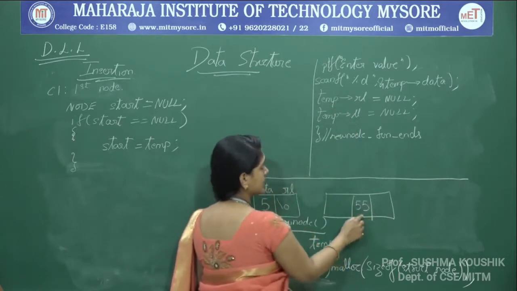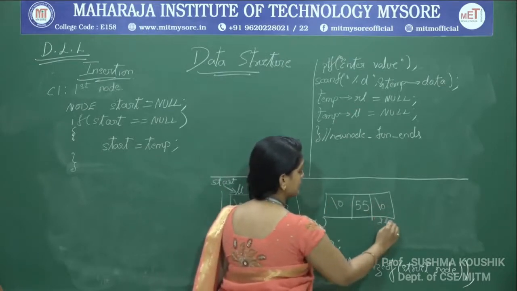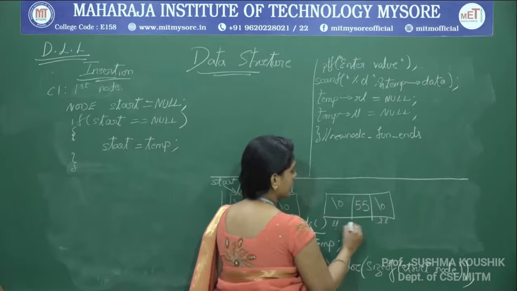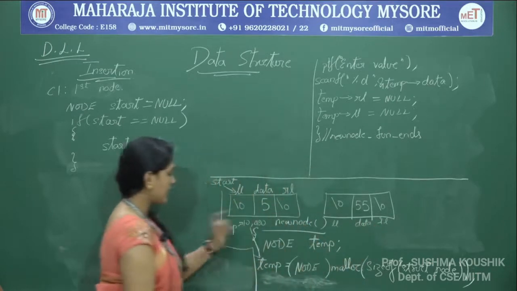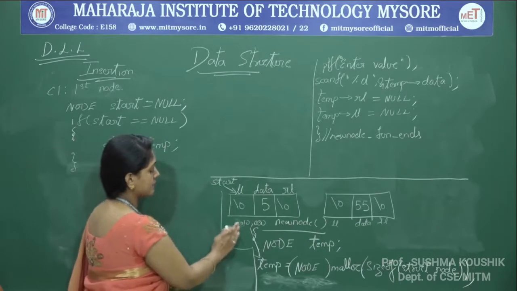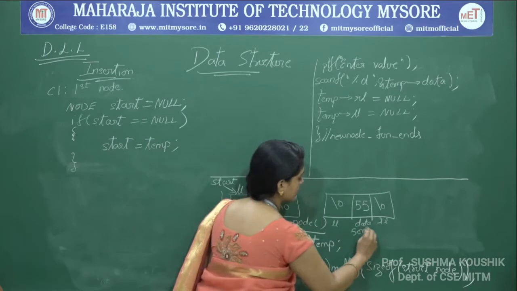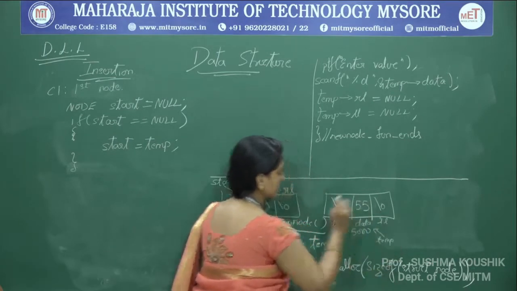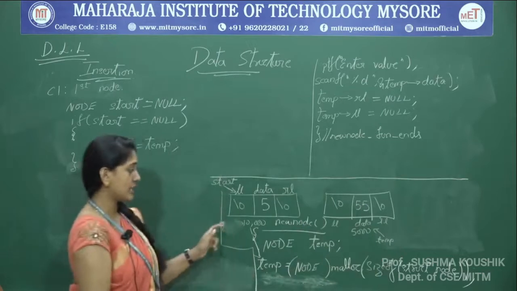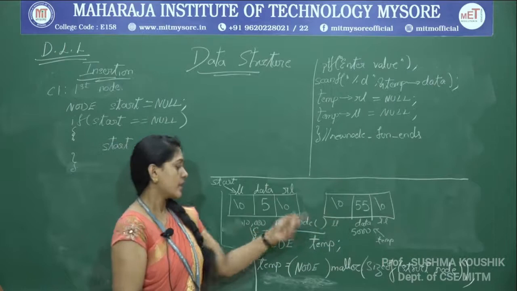So 55 is read over here, and RL and LL, both the places it has filled null for us. This is the data field, and now temp is no more holding 10,000, whereas temp is holding the next address, some address like 5,000 if I am storing over here. Temp is holding 5,000 over here. Now I have to make sure that I have reached this place and I am inserting it.